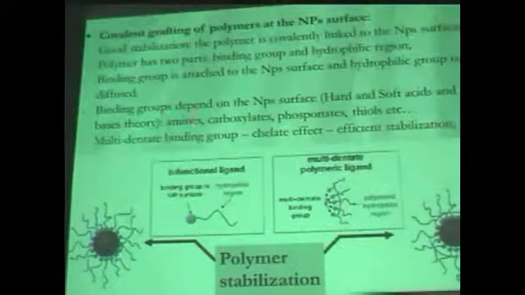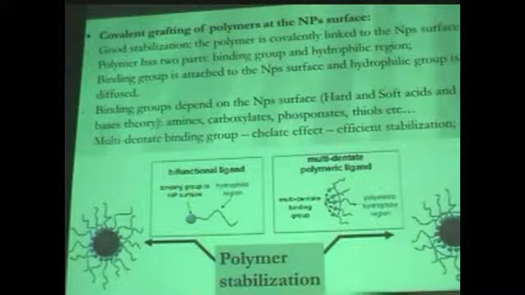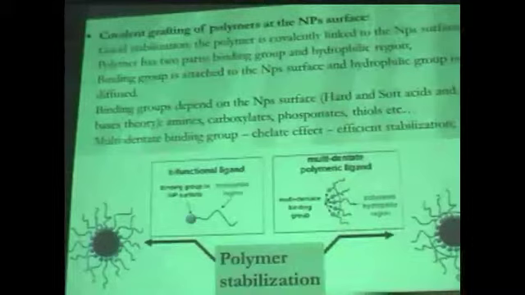The binding group depends on the nanoparticle surface, and this is the hard and soft acids and bases theory, which will tell us which binding group we should use for which metal or oxide surface.